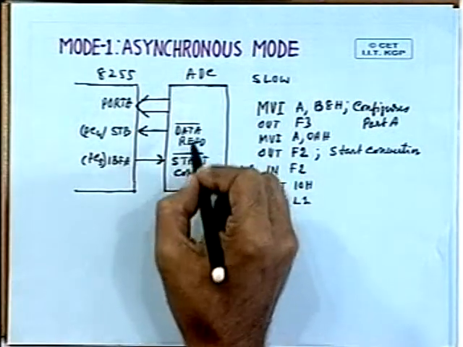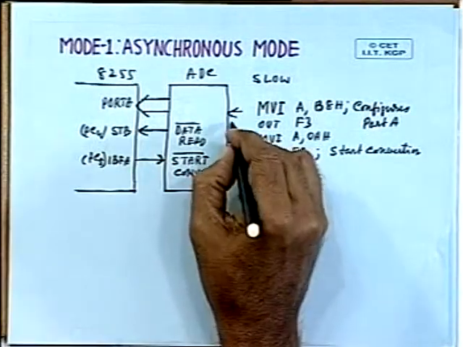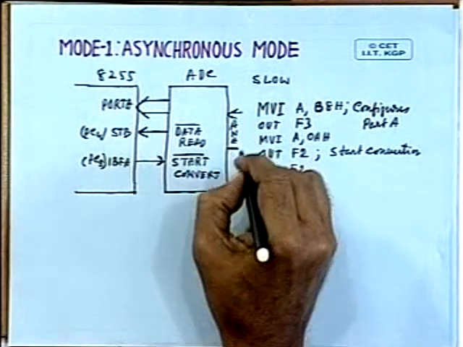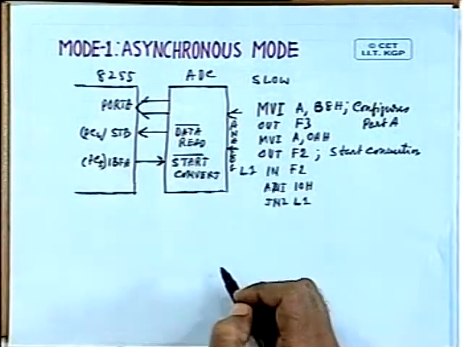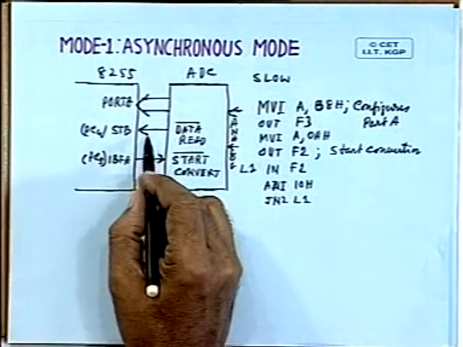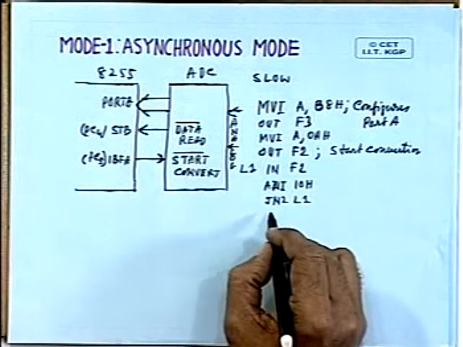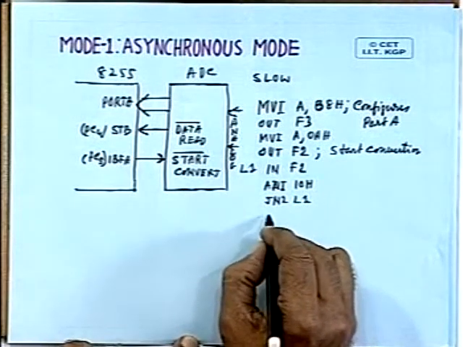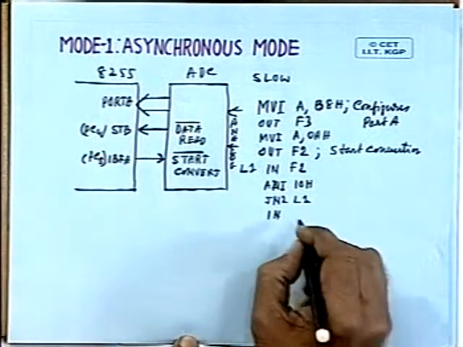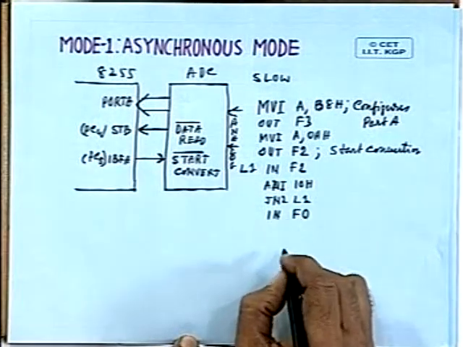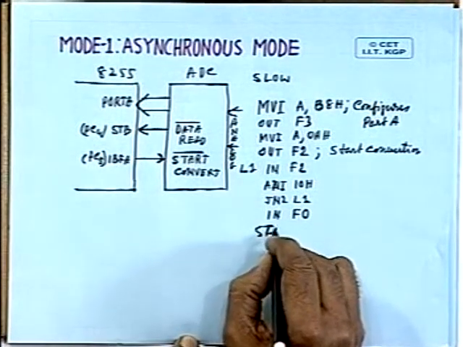An AD converter will take some time to convert the analog data to digital form, and once it is converted into digital form, then this line will go low, and whenever this line goes low, it comes out of the loop and it can perform the reading operation from this port A. The corresponding address is F0, and it can load the data into some memory location.